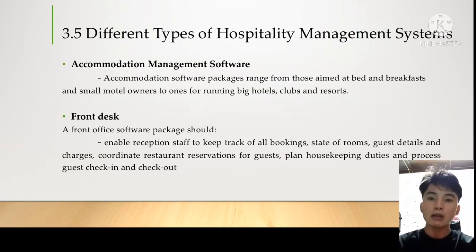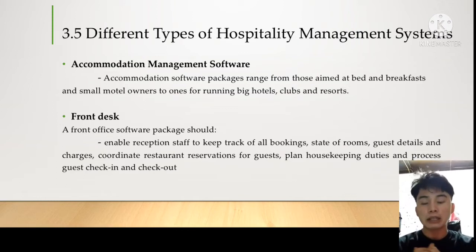So now let's proceed to front desk. The front desk office software package enables reception staff to keep track of all bookings, state of rooms, guest details, and charges, coordinate restaurant reservations for guests, plan housekeeping duties, and process check-in and check-out.